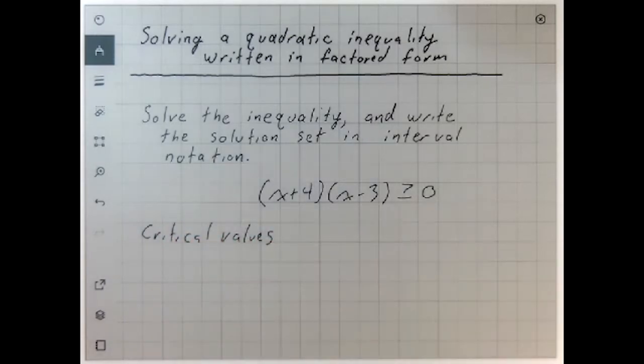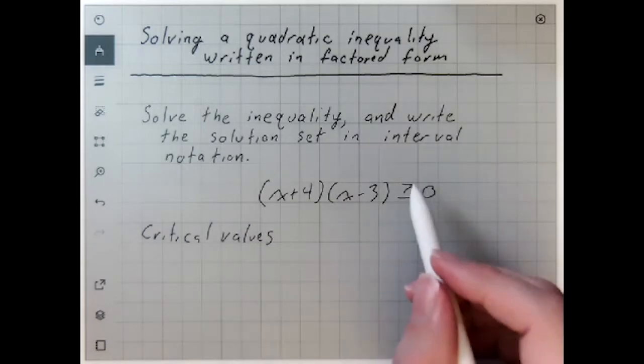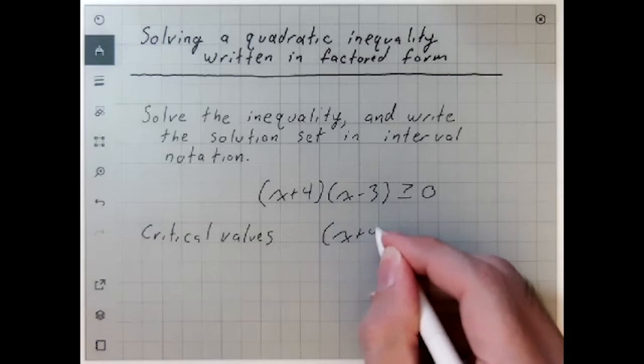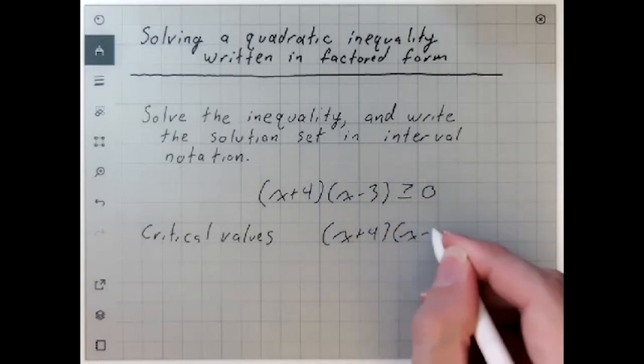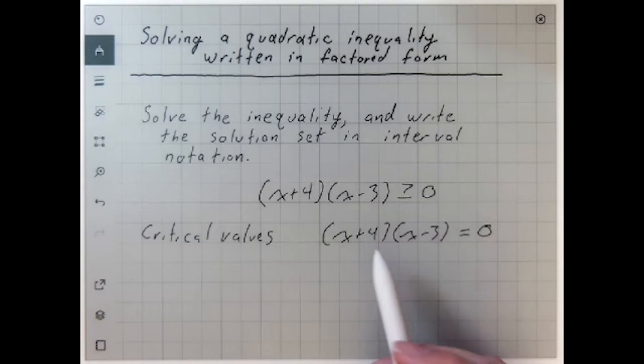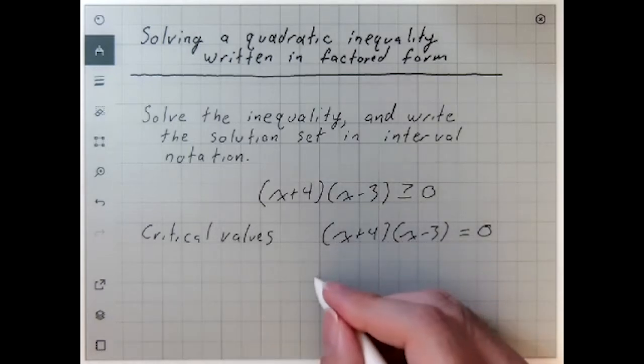So we can solve this inequality by looking at the critical values, the places where that inequality becomes an equality. From here, we can look at the two factors individually using the zero product rule.